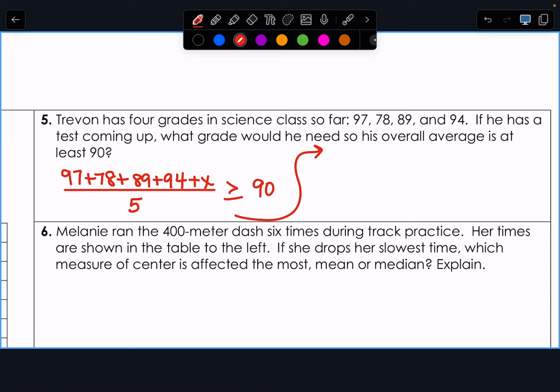It's got to be 300 something. So 358 plus x is greater than or equal to, what's 90 times 5? 450. So x has to be greater than or equal to 92. Nice work, Willa.